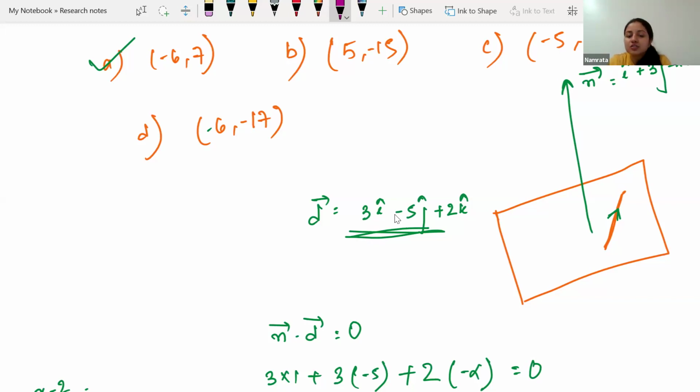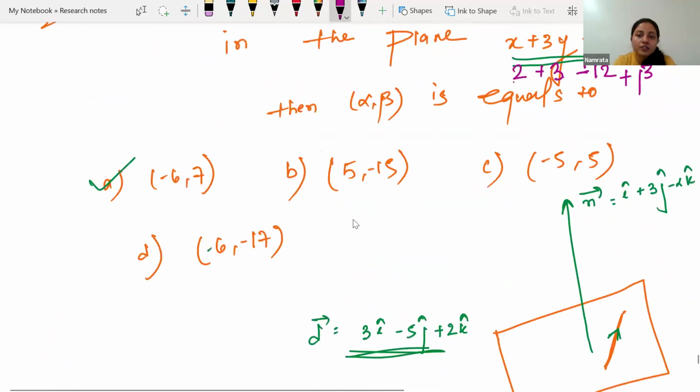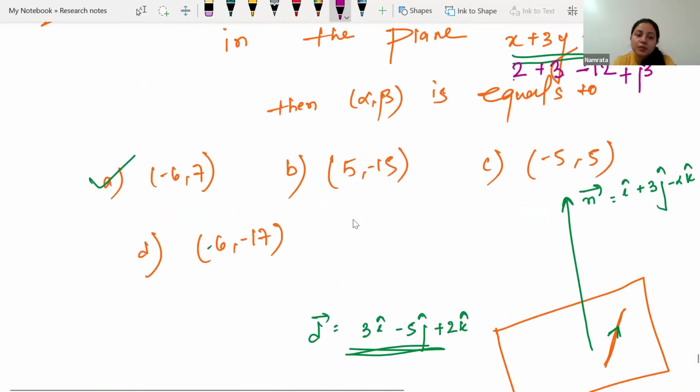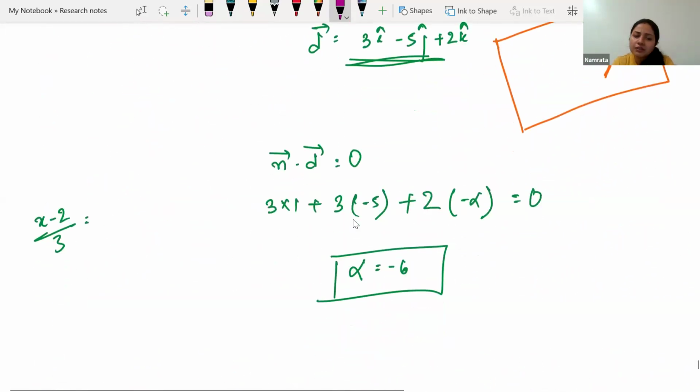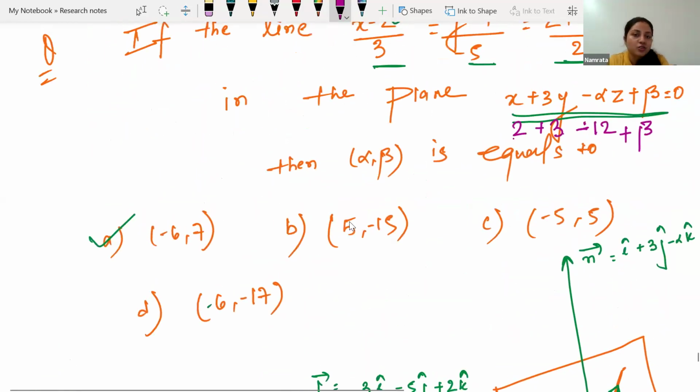We are using the condition of perpendicularity, and then we are finding the value of alpha. And by using the point from the line, we are also able to find the value of beta. However, we don't have to find beta. Every time we will keep our eyes on the options also. So no need to waste time.